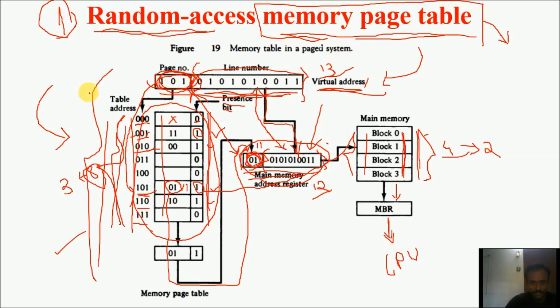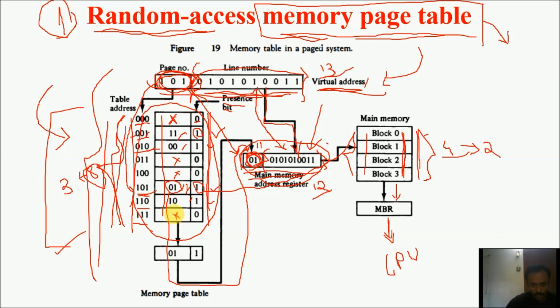Now the drawback of the random access memory page table is that this table size is large, because most of the fields will not be utilized. Here in this table only these 4 words are utilized and the remaining words are not utilized.